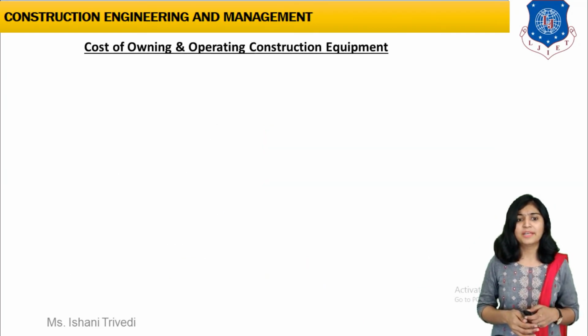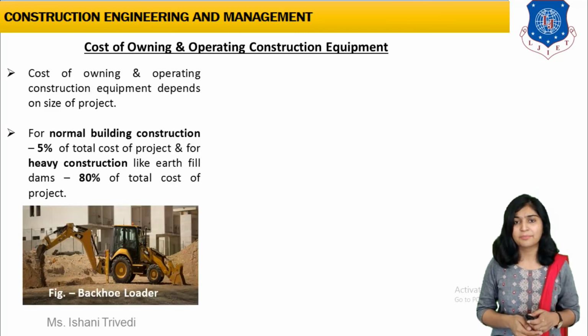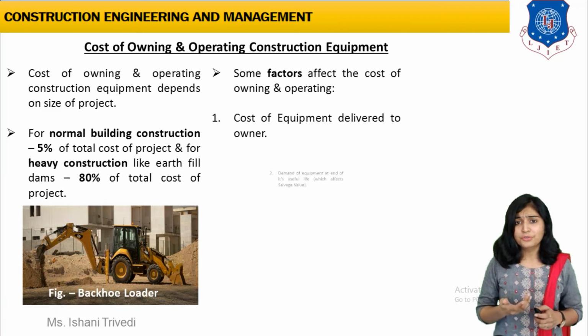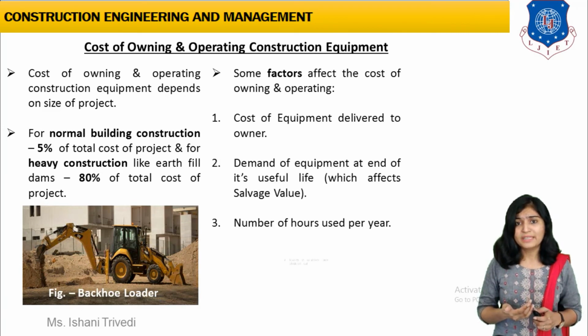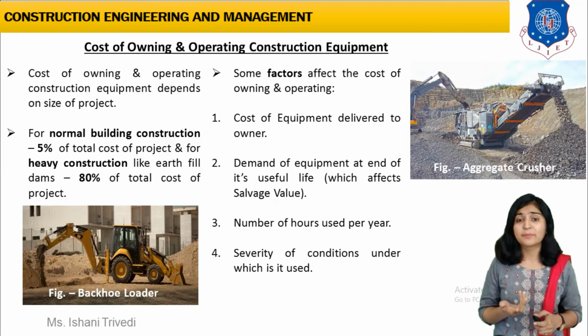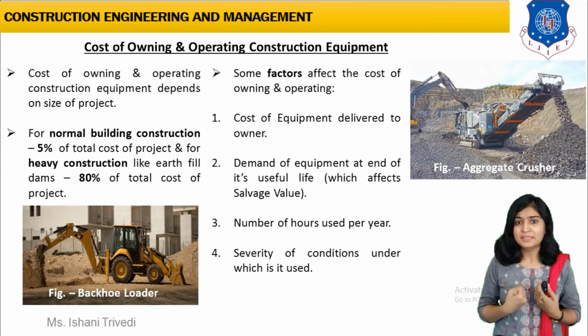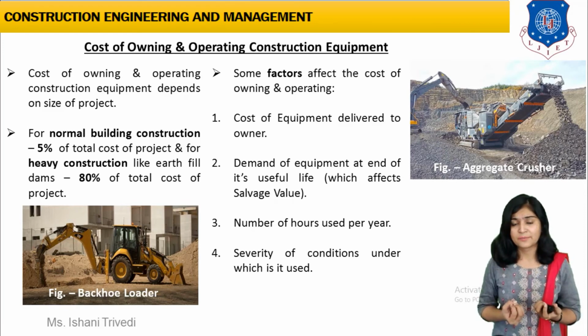Next, we have cost of owning and operating construction equipment, right? What do you mean by cost of owning and operating? Now students, if I ask you owning, it means you are purchasing the equipment, you are making your equipment own, right? Now once you have purchased it, it does not end over there, right? You are going to operate that equipment.